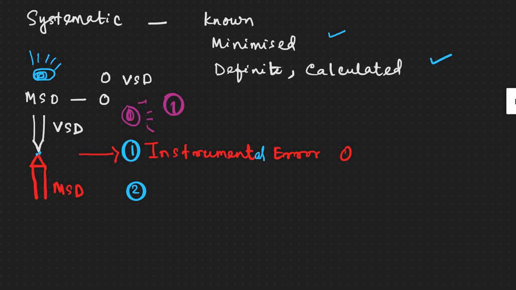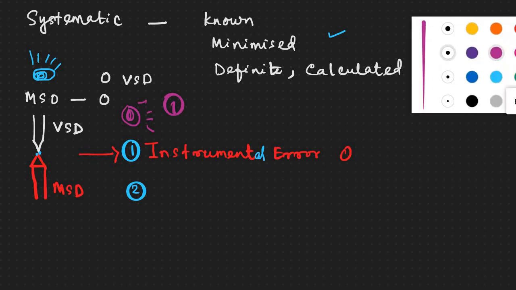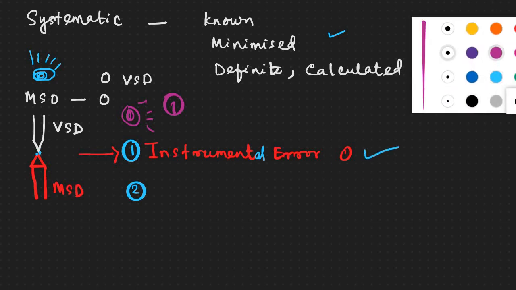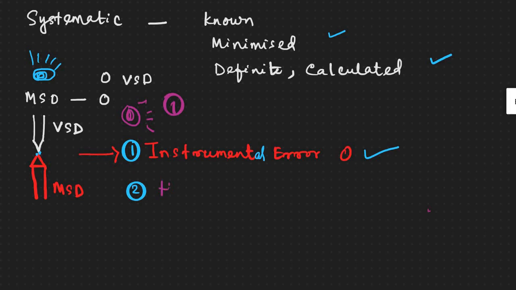Okay, they are coinciding, so there is no instrumental error. But for the sky person, it may feel that both the zeros are not coinciding. So what will happen? He will tell that there is some kind of instrumental error. For him, for the sky one, there is an instrumental error. But for the purple one, it happens that it is a human error.